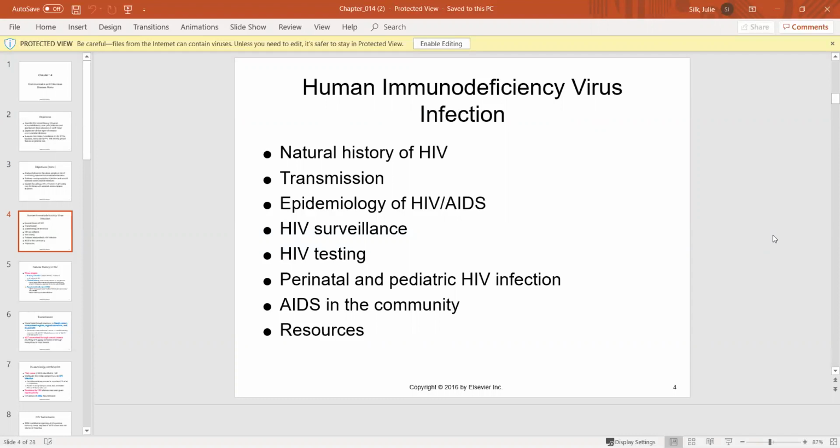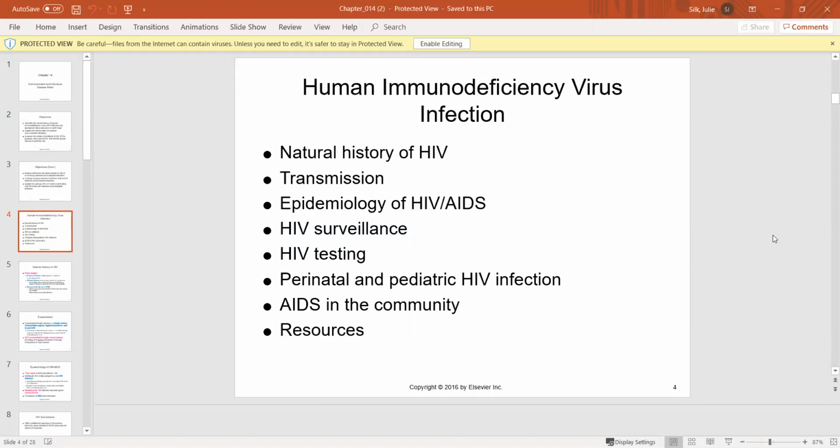So, now that we know some more about it, they actually surveil this. They do some surveillance. We do a lot of HIV testing now, and we try to reduce risks of the spreading now that we know more. So, like before, it wasn't clear that you could pass HIV to a baby through the birth canal. We didn't know that.